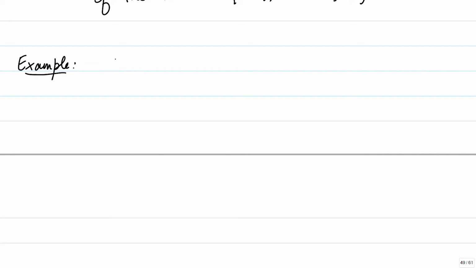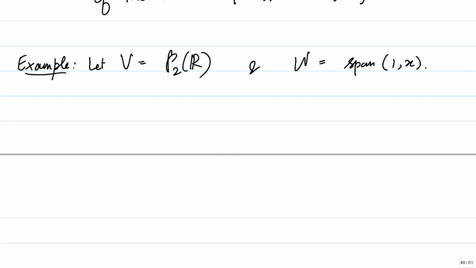Let V be equal to P2 of R, and let's consider the subspace W, which is equal to the span of 1 and x. So we would like to look at what the orthogonal complement of W is going to be.